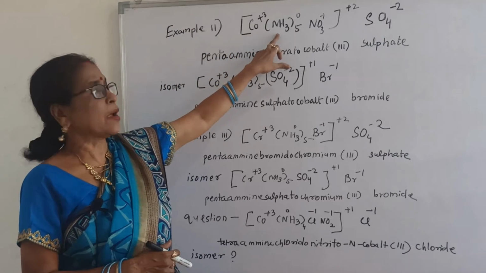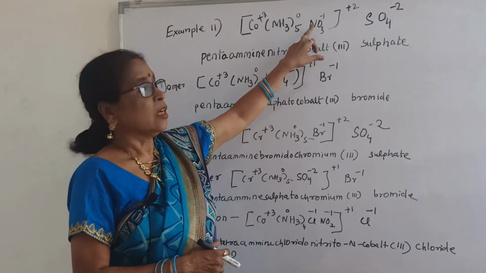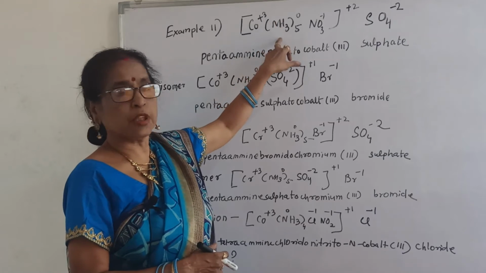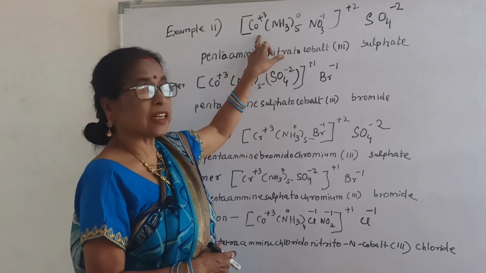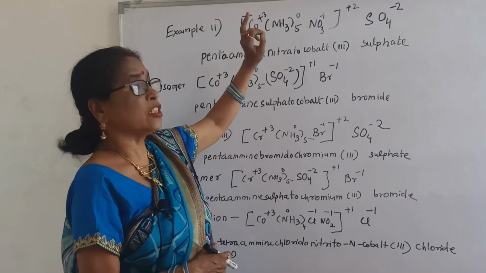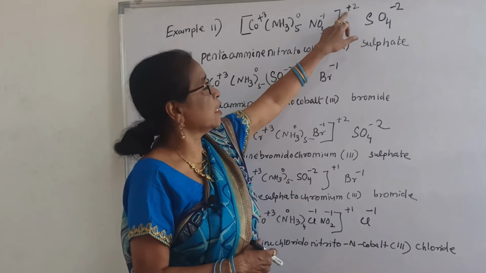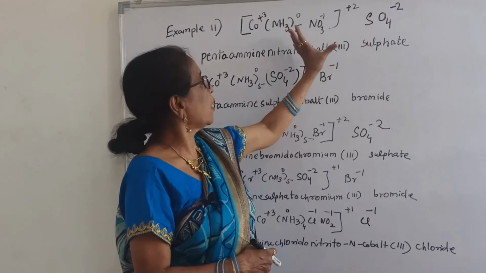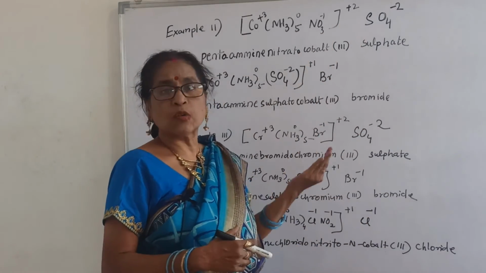Cobalt is surrounded by 5 ammonia molecules and 1 nitrate ion. Ammonia is a neutral molecule, and the nitrate ion is negative one. That means here 6 ligands are attached to cobalt, where the oxidation number is plus 3. So the total charge here is plus 2 as superscript, and here the sulfate ion. What does that mean? The sulfate is outside the sphere and acts as a counter ion.